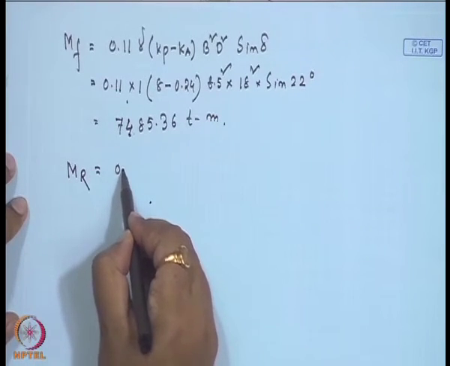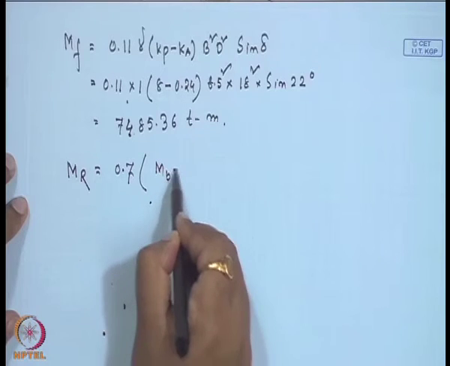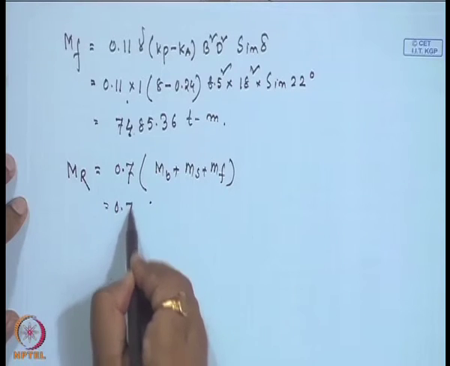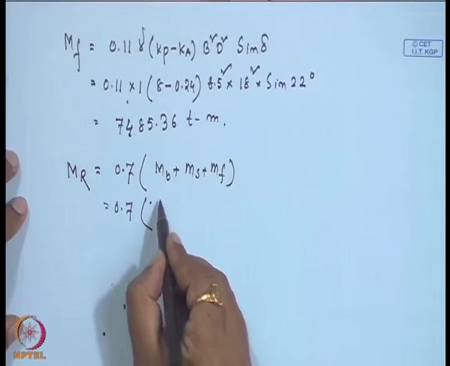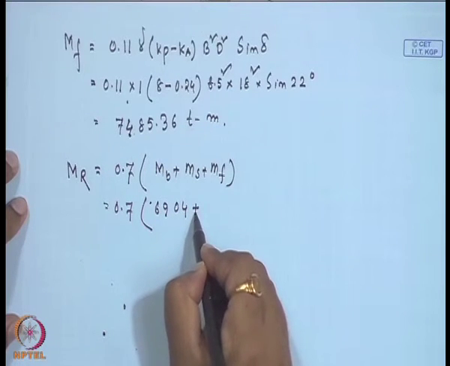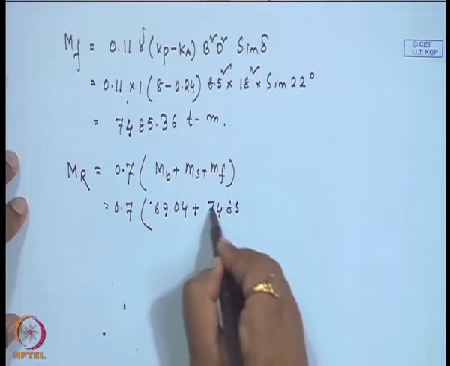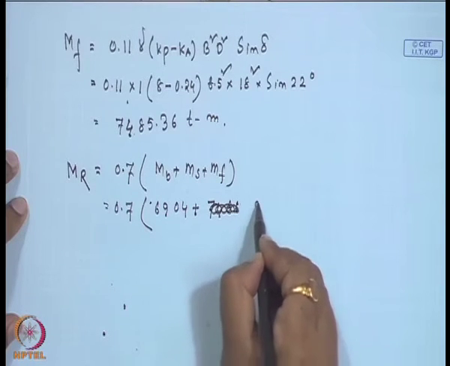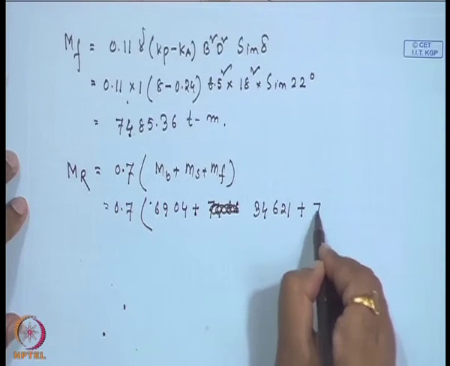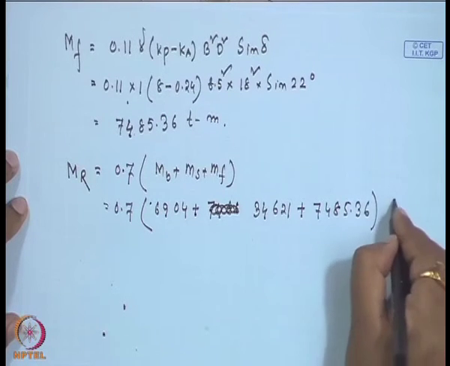So, we can calculate the total moment, that is M r, 0.7 of M b plus M s plus M f. So, this is 0.7, M b value is 6904, sorry, M s value is 34621, plus M f is 7485.36 ton meter.